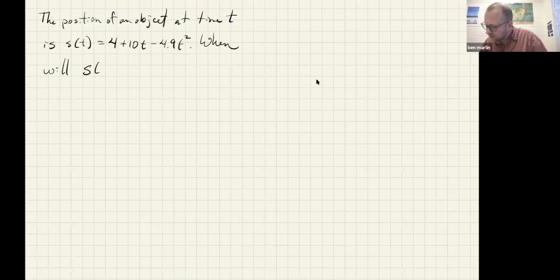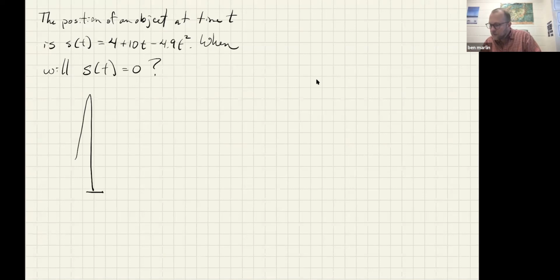When will s of t be equal to 0? So that means that you've got some object that has gone up in the air and come back down, and you're interested in how much time will pass before it comes back to the ground.